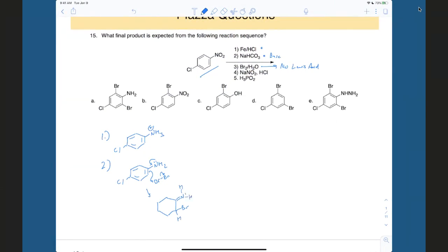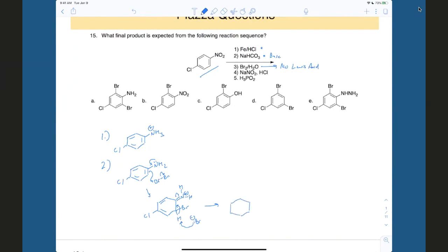So you can imagine this nitrogen pushing into the ring because this is going to get you directly to the correct resonance structure. Even though there's a chlorine on the ring, this is a much weaker directing group than the aniline. We always want to go by the strongest directing group on the ring, and that'll determine the regioselectivity of the electrophilic aromatic substitution. You can have the bromide ion come back to regenerate aromaticity.